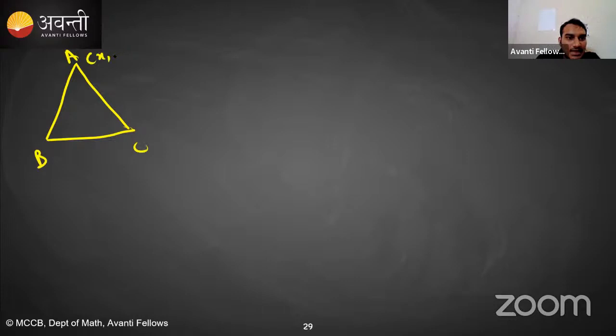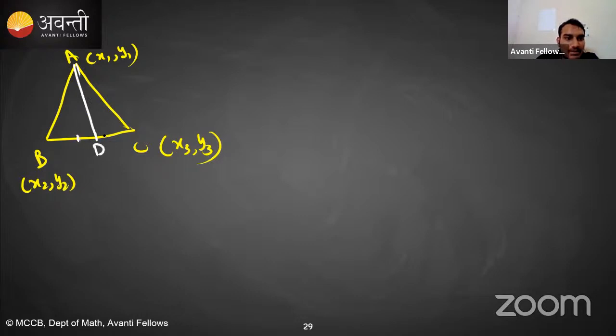Coordinate of A is x1, y1. Coordinate of B is x2, y2. And coordinate of C is x3, y3. Let's suppose this is a median AD, which is dividing my BC in equal length, right?